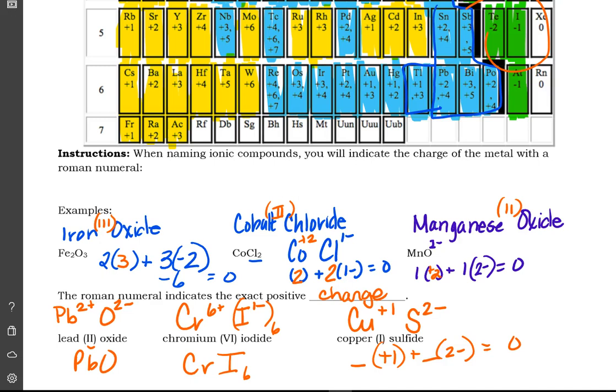Well, if we multiply the 1 by a 2, I'm going to pick a different color so you can see it. 2 times 1, that would tell us that we need 2 coppers and 1 sulfide, and that would be copper 2 sulfide. All right, work through the problems on the back of this page.